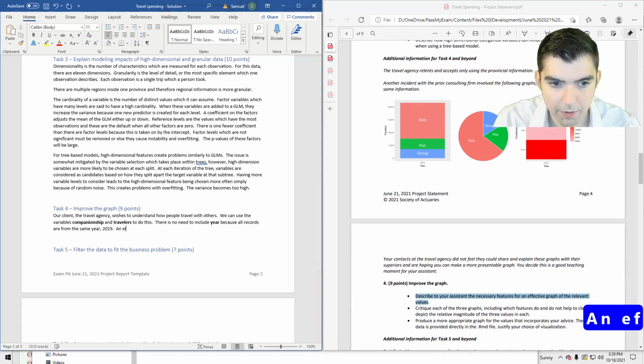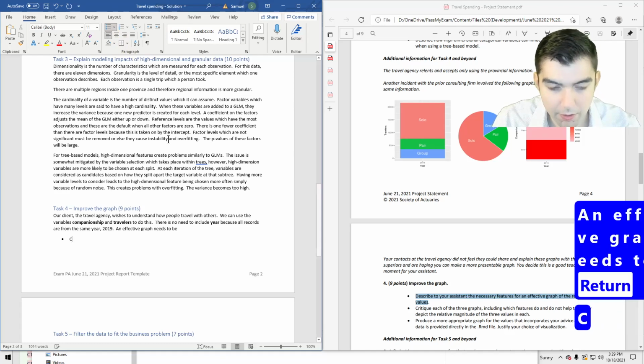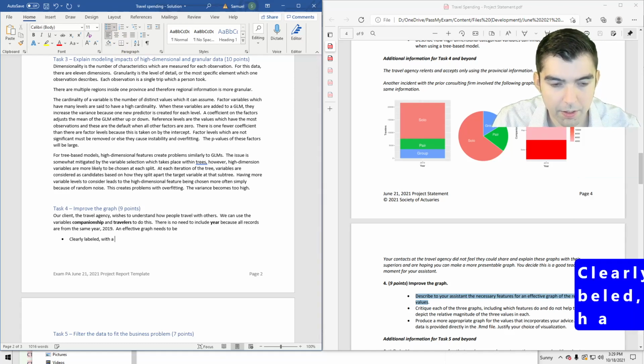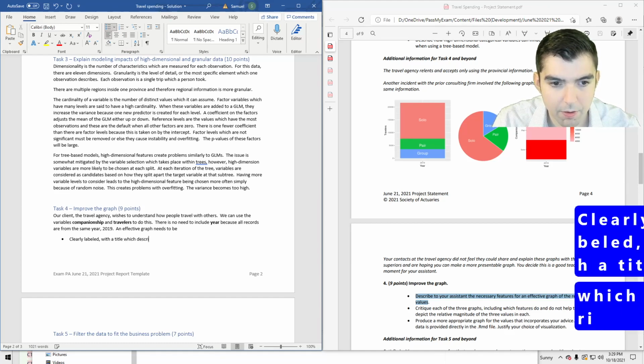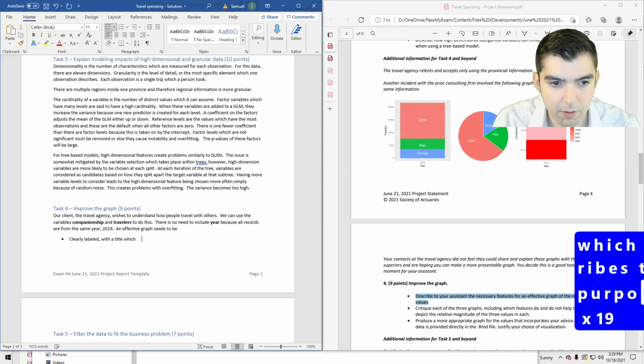An effective graph needs to be easy to read and clearly labeled with a title which describes the purpose of the graph. Let's just say clearly labeled with a title.